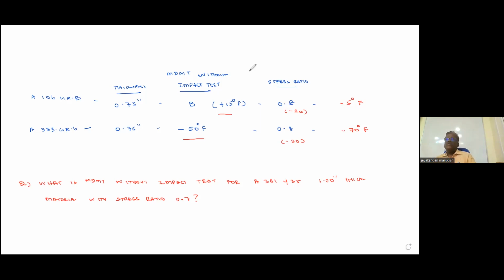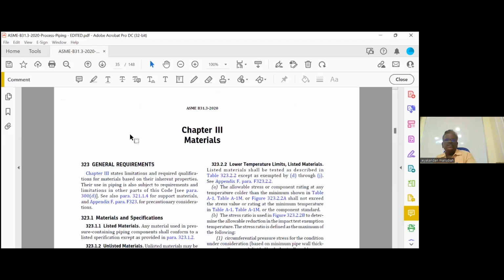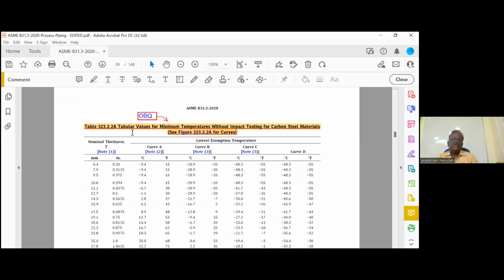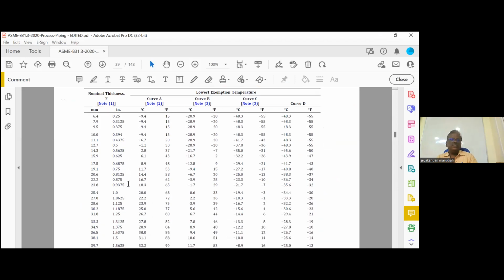The first one, we have to find the curve. What is the curve? Curve A. This metal belongs to curve A. So for curve A, 1-inch we have to check. See curve A, 1-inch is here. What is the answer here? 68.